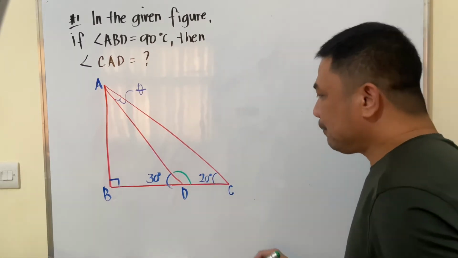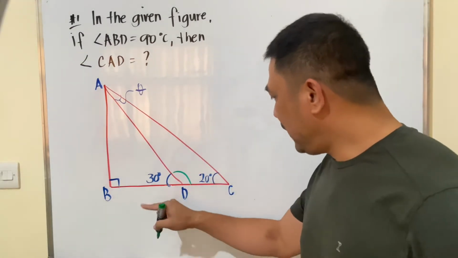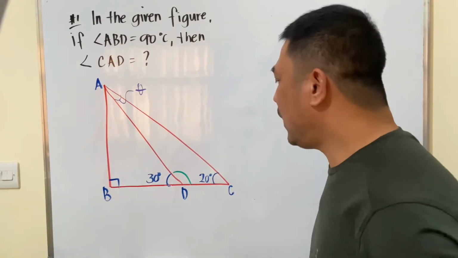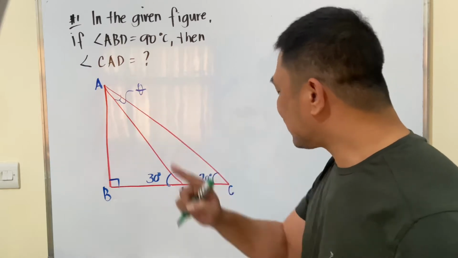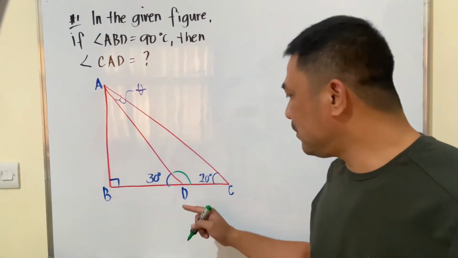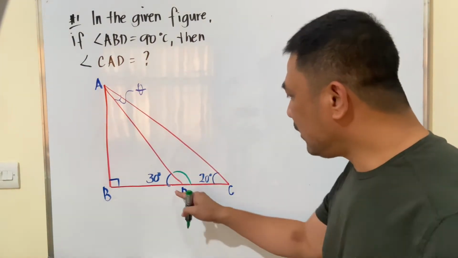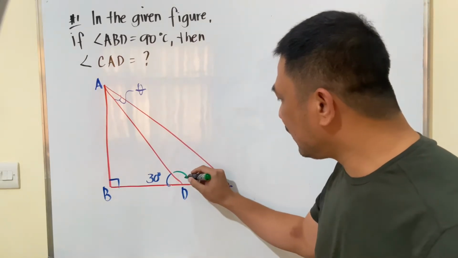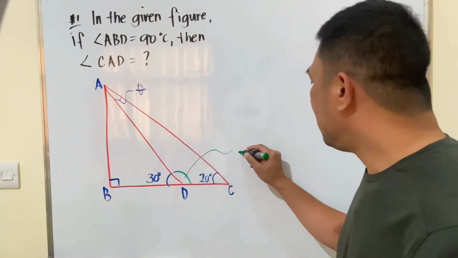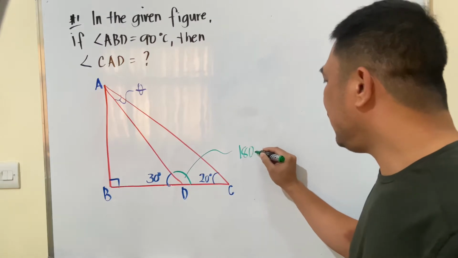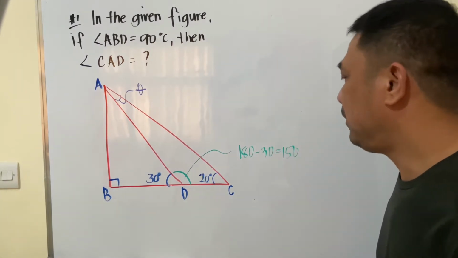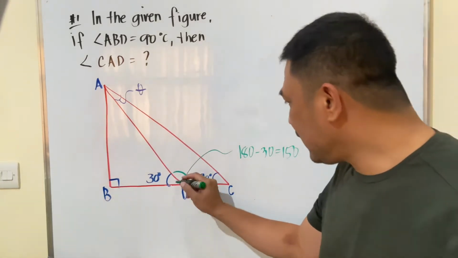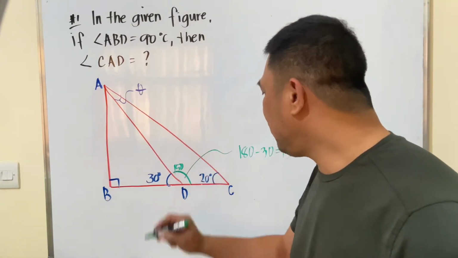But based on our review a while ago, if you have a straight line, all angles constructed within the straight line must sum to 180 degrees. So if I have 30 degrees here, this angle must be equal to 180 minus 30, which is 150. So in this case, this angle here is 150.